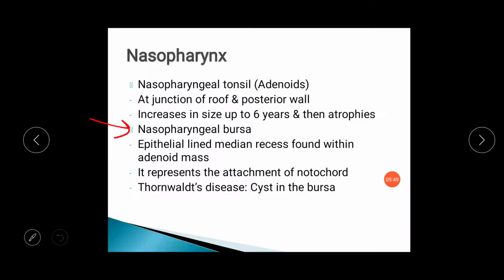Nasopharyngeal bursa is an epithelial-lined median recess found within the adenoid masses. It represents the attachment of the notochord, and sometimes a mucus collection is present in this bursa, and it is called Thornwaldt cyst or Thornwaldt disease.